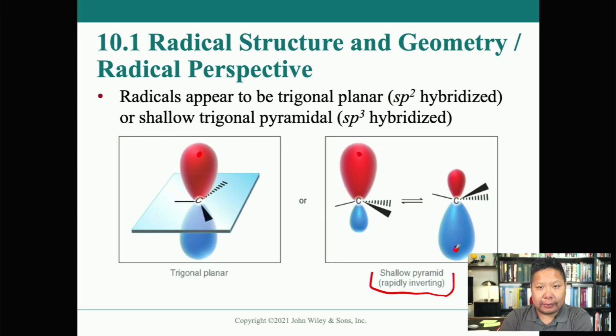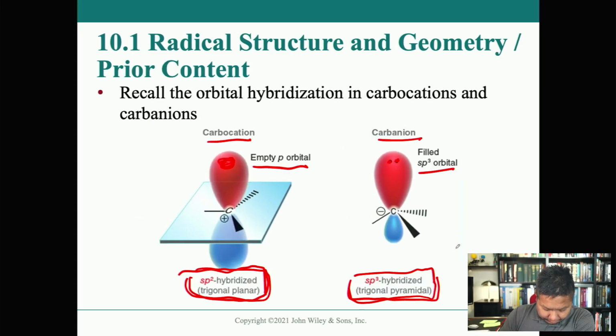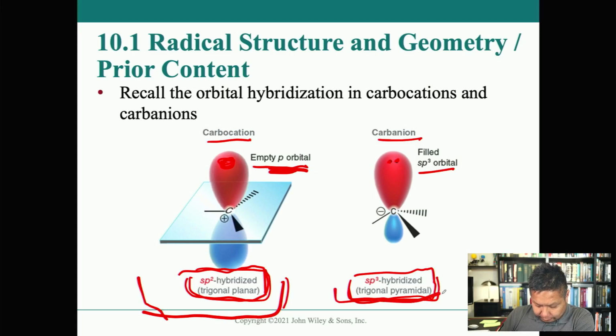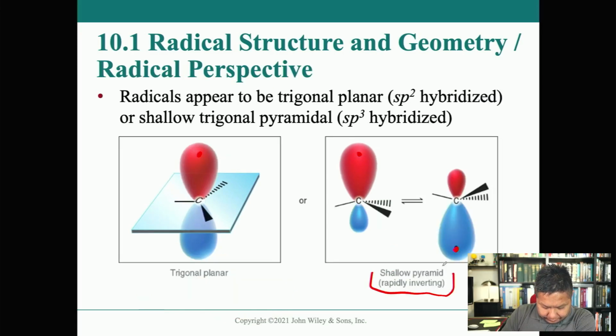Which makes sense because that's in between these two, where the carbocation has a completely empty orbital and is trigonal planar, and the carbanion is trigonal pyramidal. It has 2 electrons in its sp3 orbital, so that makes sense.